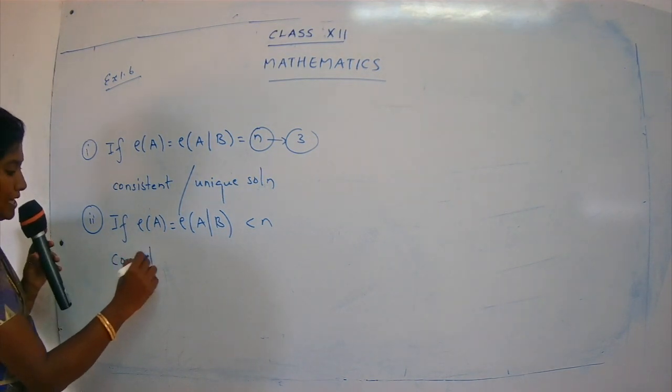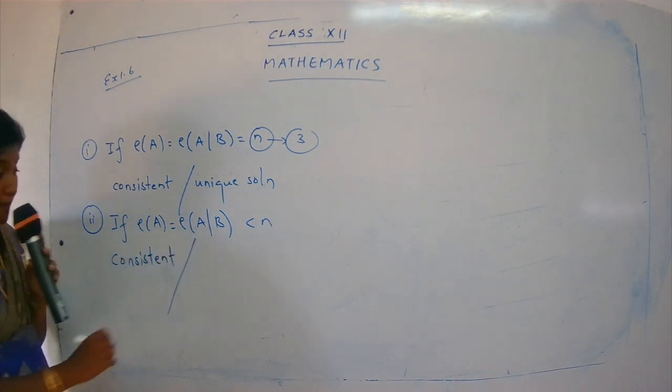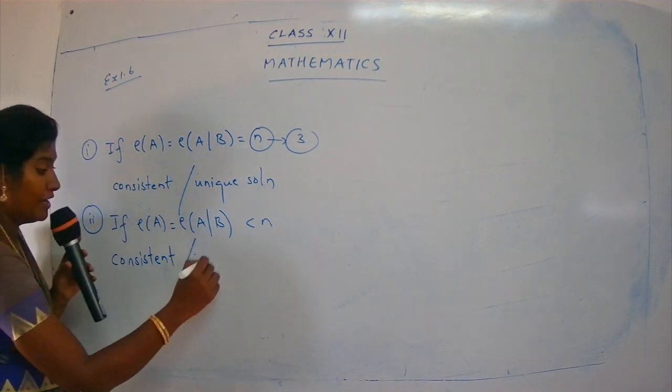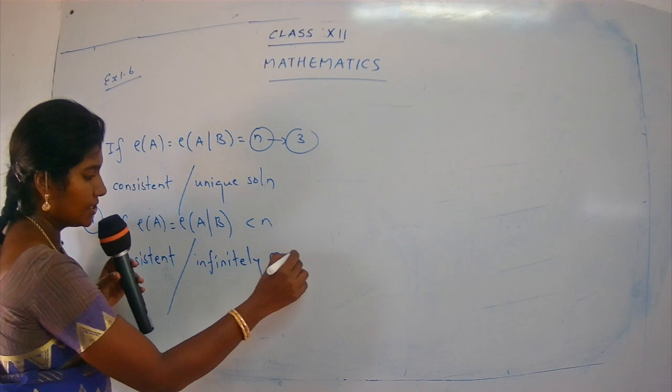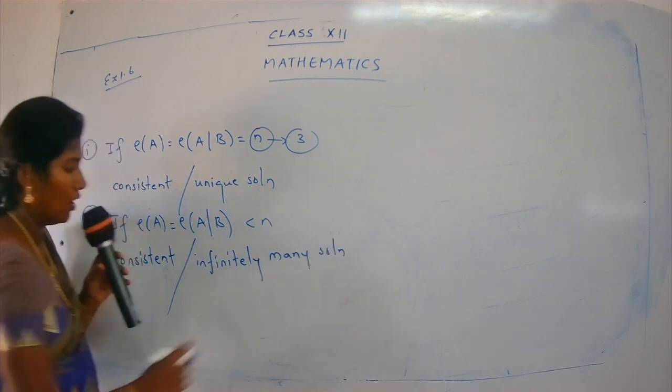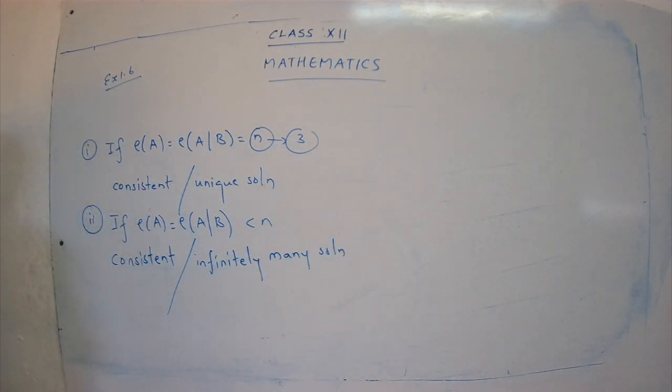It is going to be consistent and it may have infinitely many solutions. Just keep this in your mind, children. So if rank of A is equal to rank of AB, and this is less than n, the system is consistent and it may have infinitely many solutions.